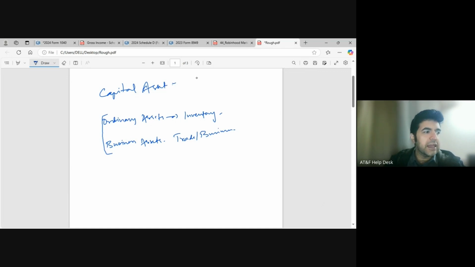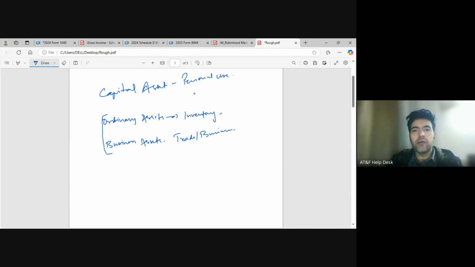So mainly it will include, first of all, personal assets, personal use. The assets that you use for personal purposes will be considered as the capital assets.